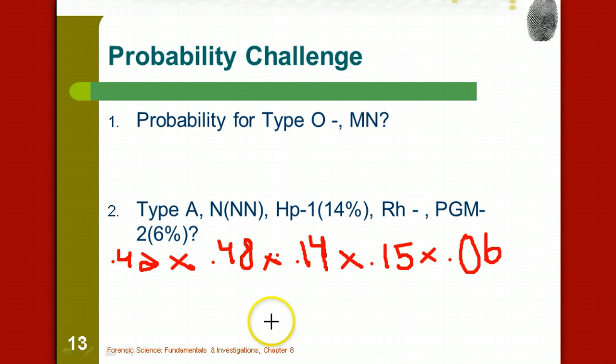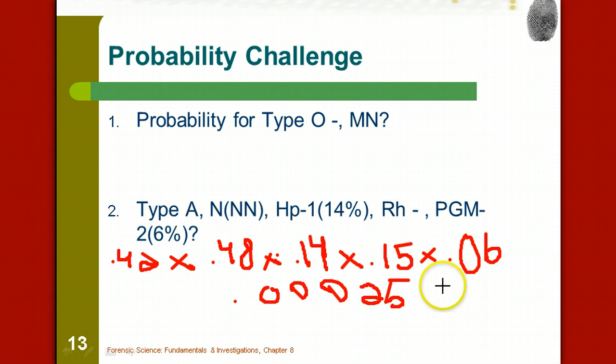Alright, so when I multiply all of those together, you should get 0.00025.